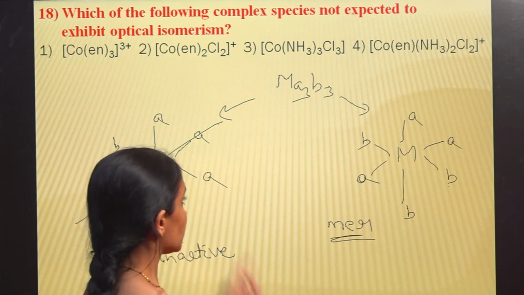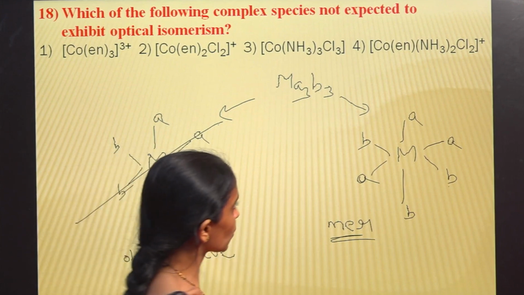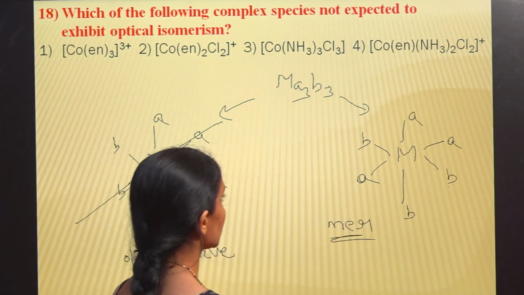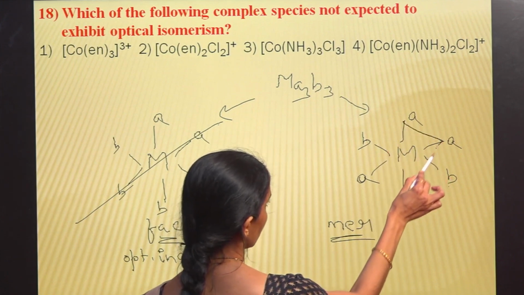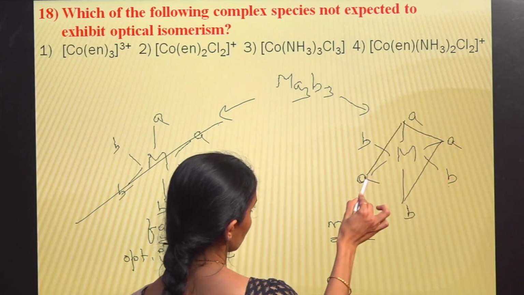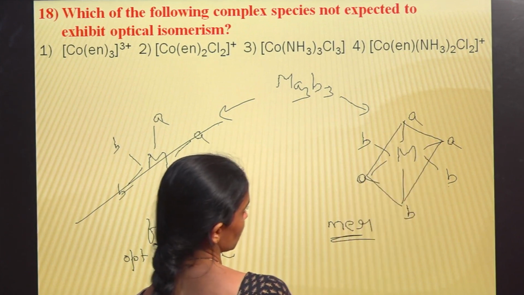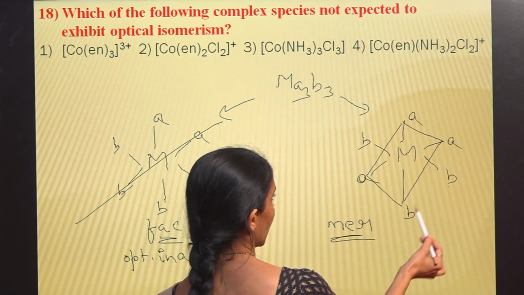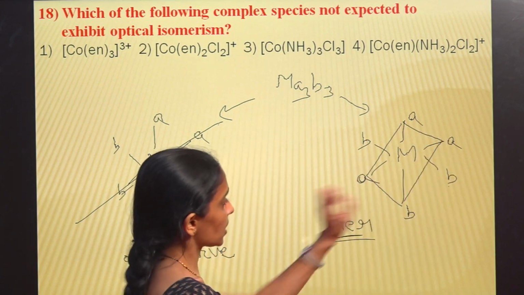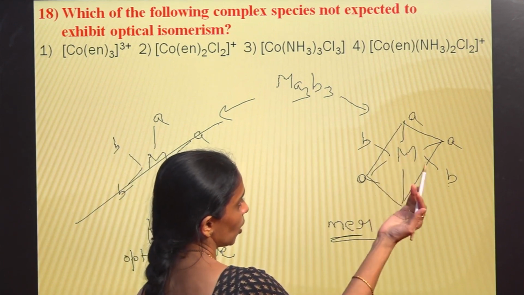Now, this also has a plane of symmetry. If you have a closer look at this particular molecule, you will see that there is a plane of symmetry along this particular plane. This plane, containing the metal, A and B ligands, cuts the molecule into two halves.